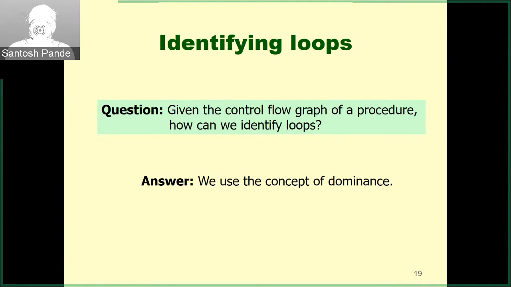And we want to do this fast. So one possibility is, of course, to take your source level loops, keep track of all of those, and then keep this information annotated during the control flow graph generation, etc.